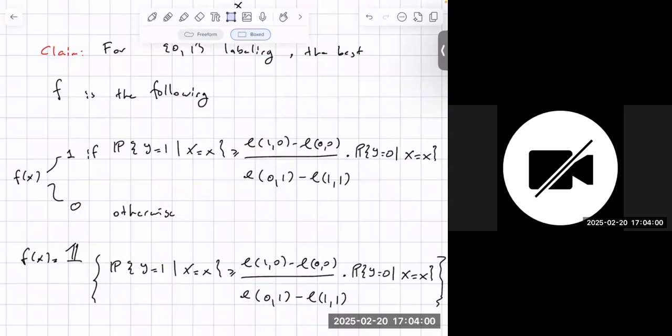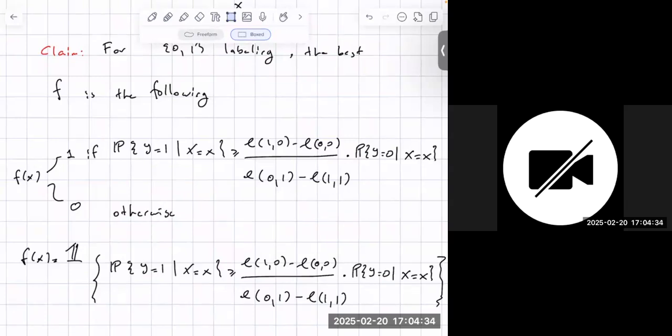Then the best predictor turns out, you can prove this mathematically, you're going to predict 1 if the probability of the label being 1 conditioned on the data you have seen is bigger than the probability of the label being 0 conditioned on the data you have seen times this quantity. And this is the loss(1,0), loss(0,0), depending on your loss function definition. As soon as you define your loss function, this is a number that you can compute. And if you know these probabilities, you know the best predictor possible.